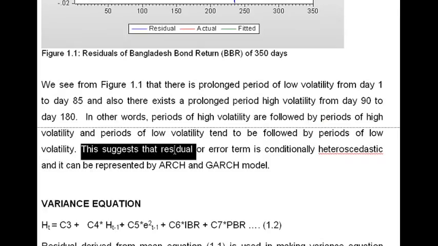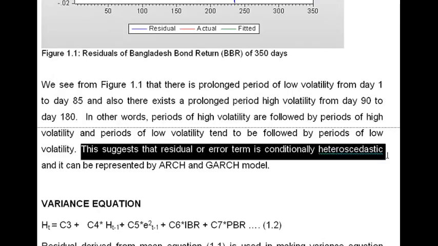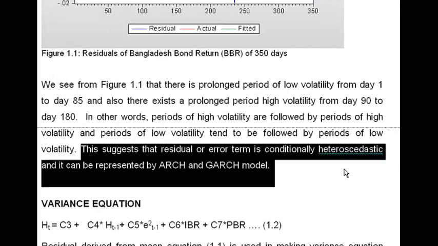That means when the residual behaves like this, then we can introduce an ARCH and GARCH model.